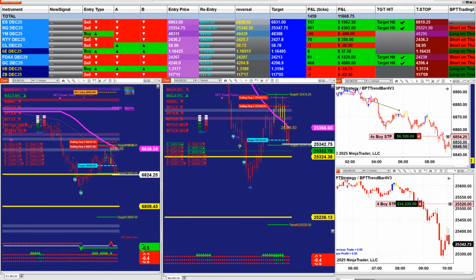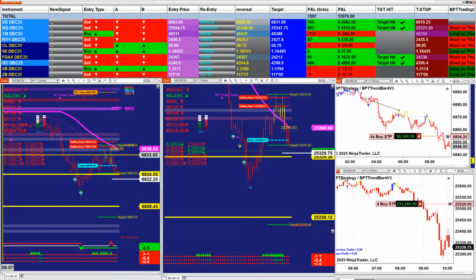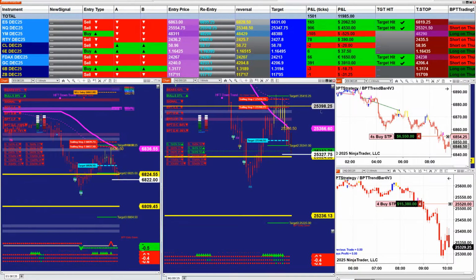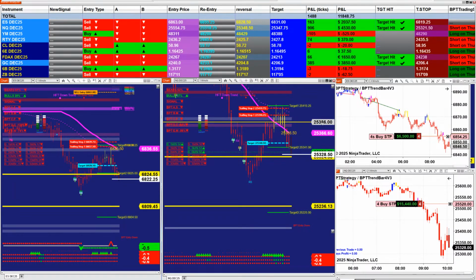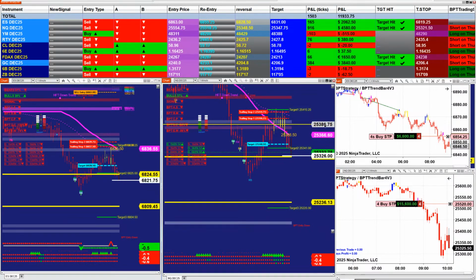We need to cross that key. It's still a little bit weak. We need to cross the key before we can take a short. Wait on it a little bit. Let's see where this bar closes.